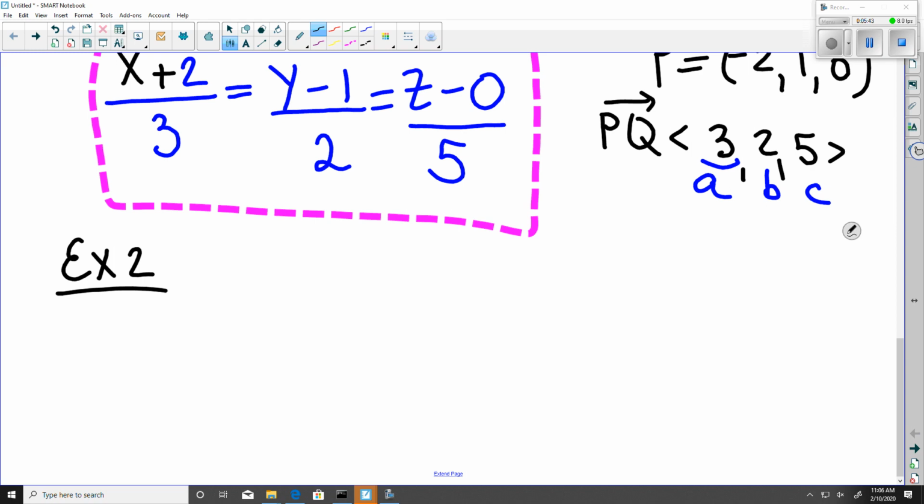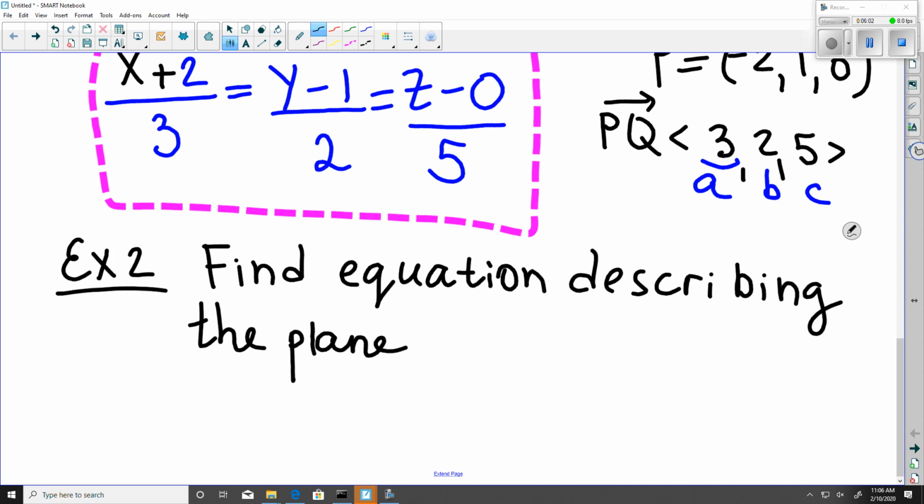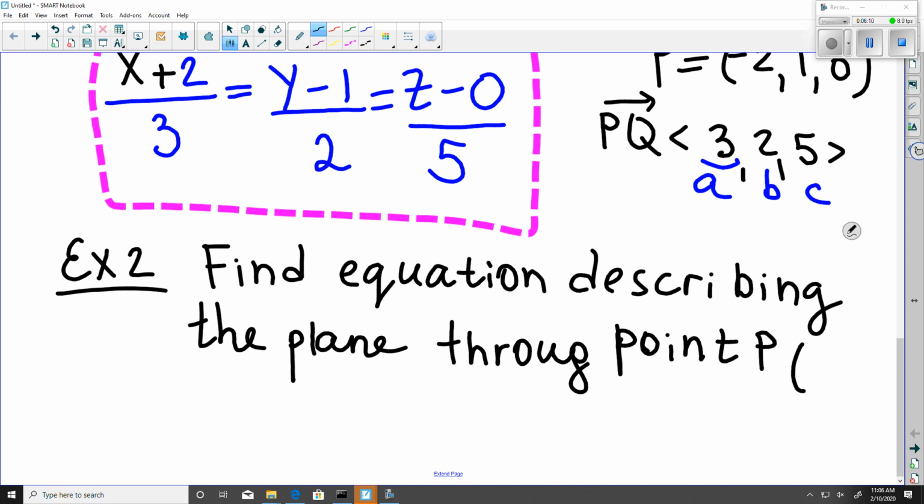Thank you. Example 2, find equation describing the plane. The plane through point P, that P belongs to the plane. The coordinates are 3, 2, 1.